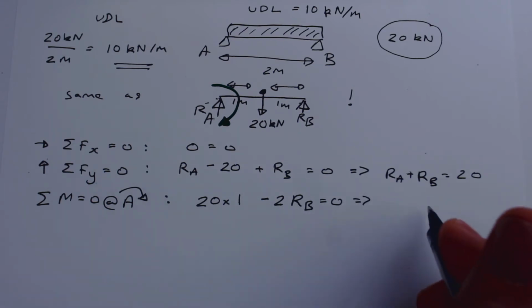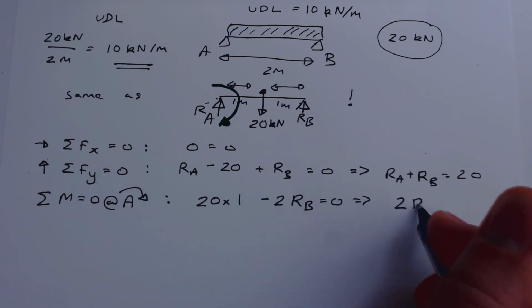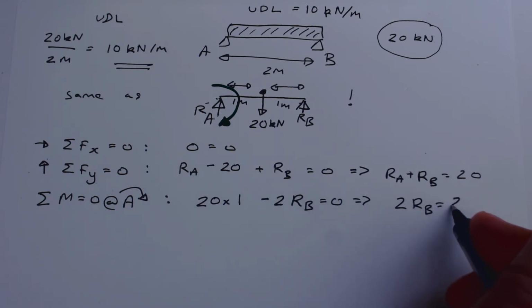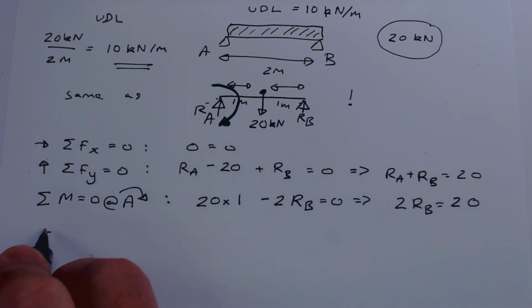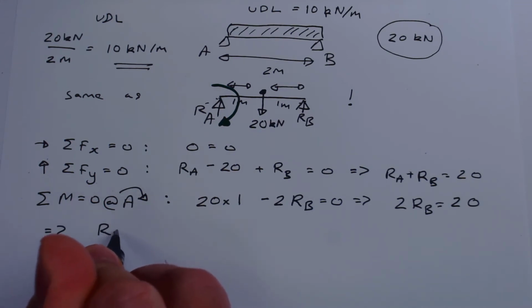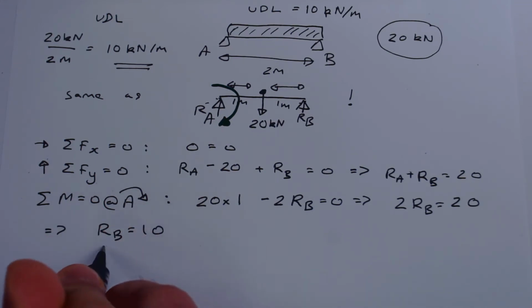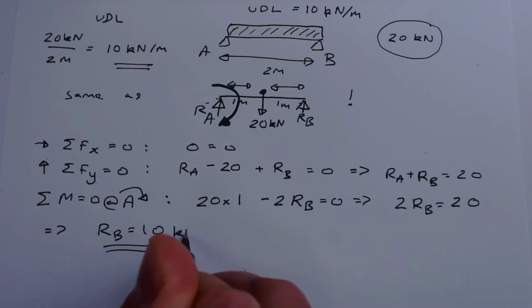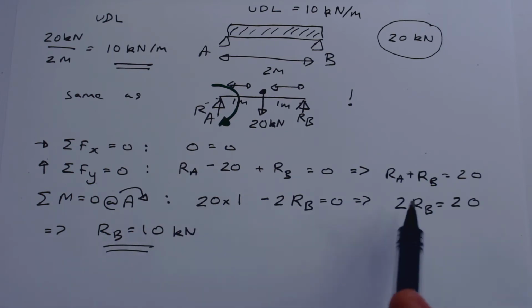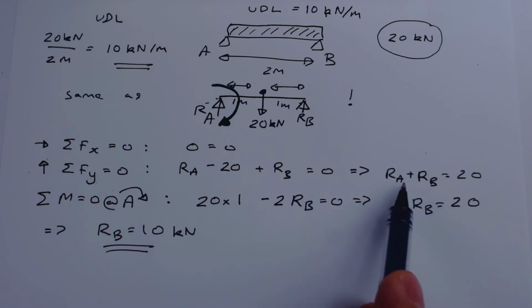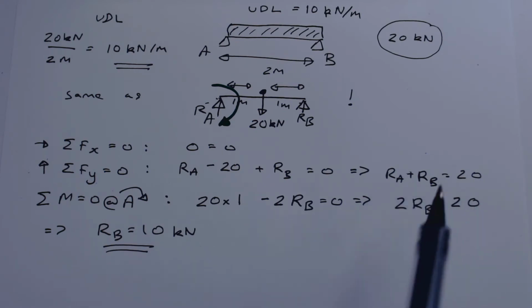So, well, that's straightforward. 2 RB equals 20. So therefore we've got RB equals 10 kilonewtons. Go back to this equation here. Let's put 10 in there, and then we have RA equals 10.